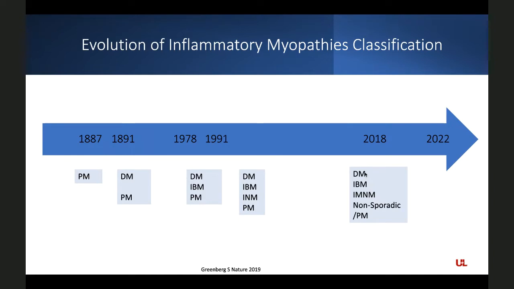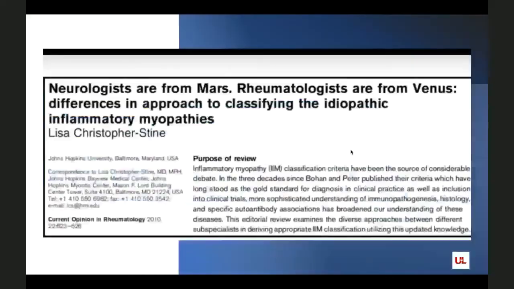Having said that, this classification is not absolute, and there has been back and forth in terms of how to classify myopathies, and it's still going on. So I'm not sure if down the lane we will have more classifications for myopathies.